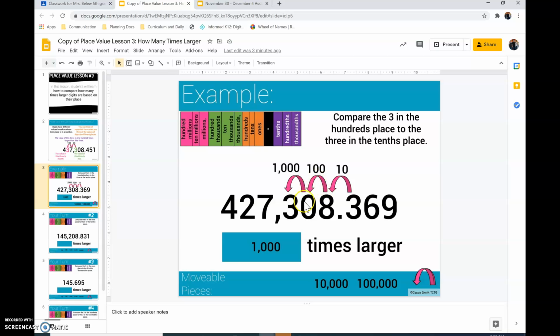From the ones to the tens, that's another 10 times larger. So that's 100 times larger than the 3 in the tenths. And then the tens to the hundreds is 10 times more. So that's 10, 100, 1,000. This 3 in the hundreds place is 1,000 times larger than the 3 in the tenths place.